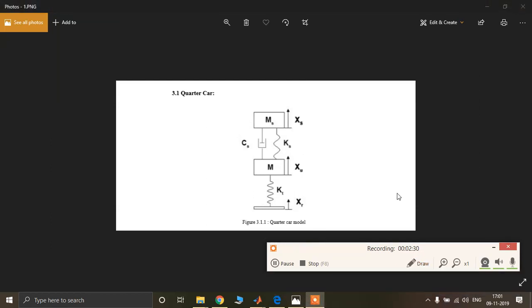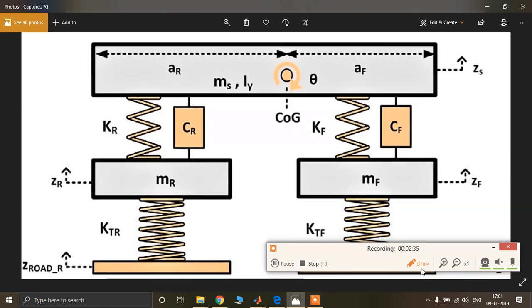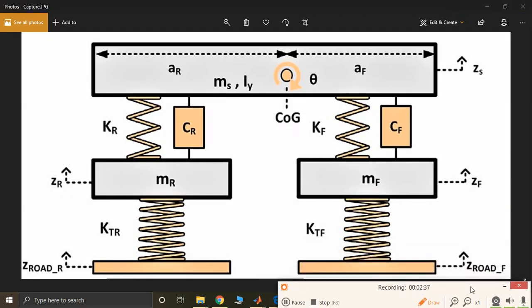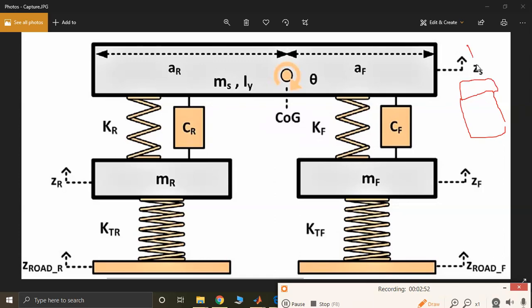So moving further to the half car model. Things will get trickier as you go ahead. It's like a bike, or you can also say, a half car model is basically, if this is a car, this is the front, so it is either this or this portion. We have chopped it from between.